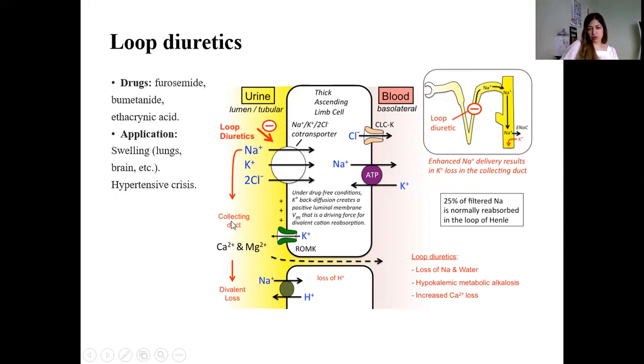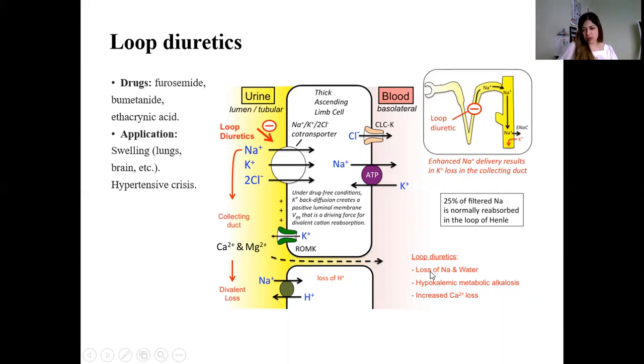So here they will go outside, and then it will lead to divalent cations to be reabsorbed more. Okay, so in this case, what will be very important? Because of blocking of this cotransporter, less reabsorption of sodium, less reabsorption of potassium, especially reabsorption of sodium, will lead to less reabsorption of water.